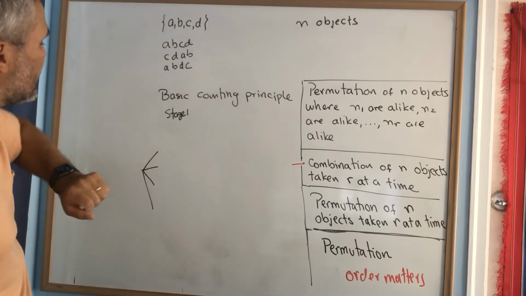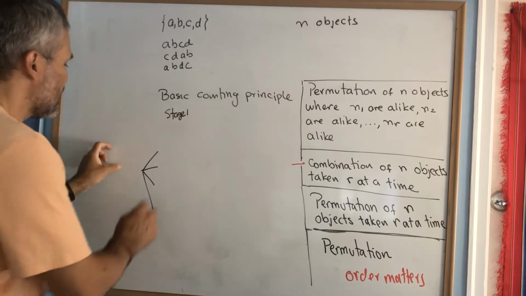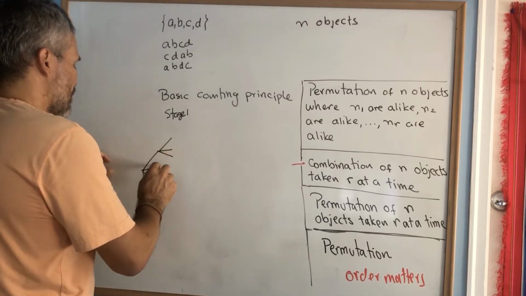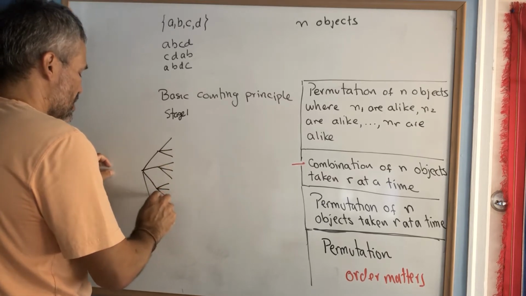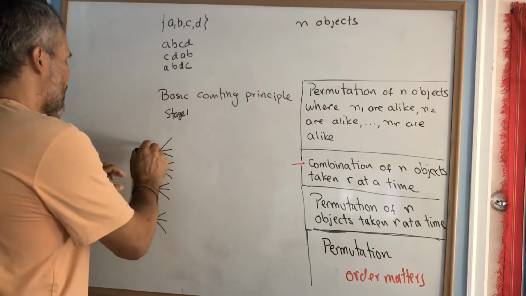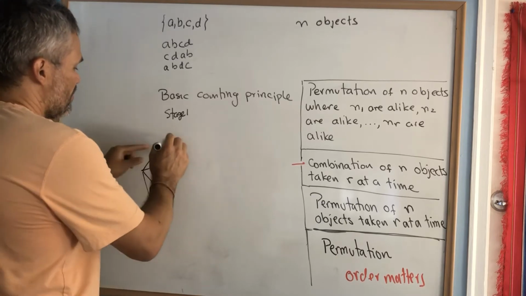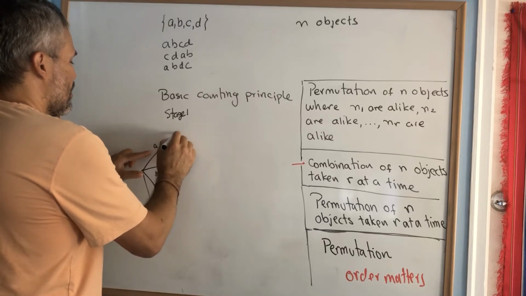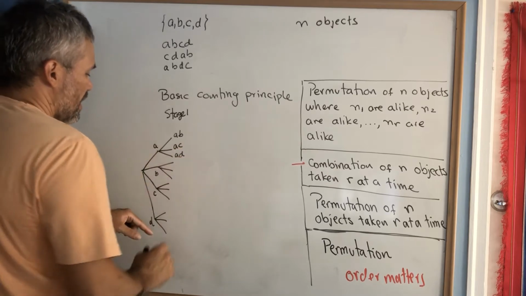But once we have selected the first letter, we only have 3 possibilities because we want the letters to be different. Here we have A, B, C, D. This is A, here we will get AB, AC, AD, and so on.